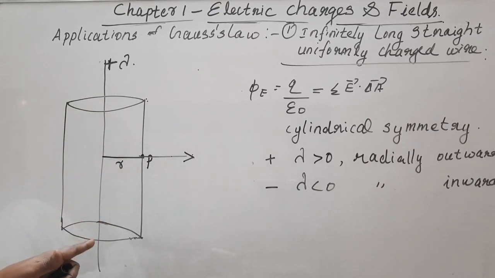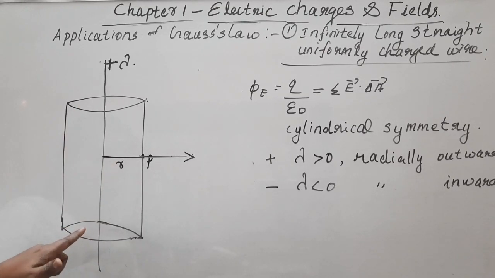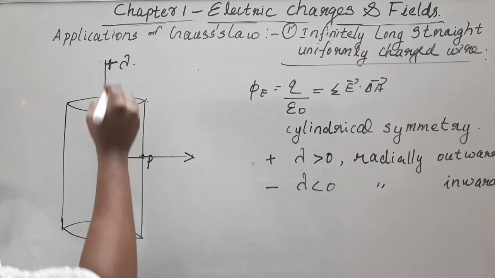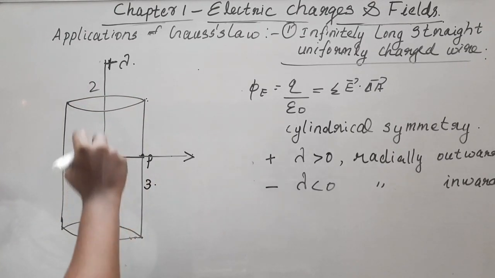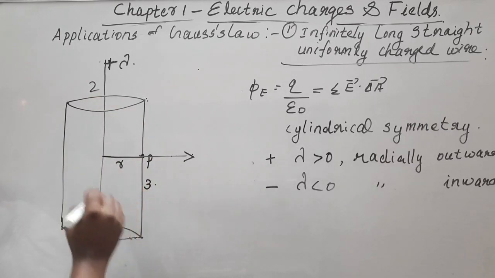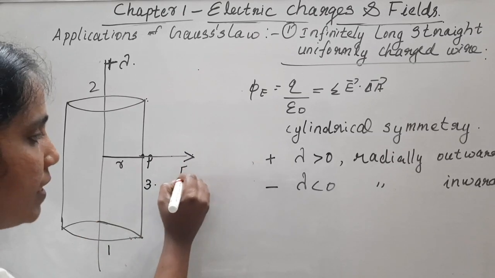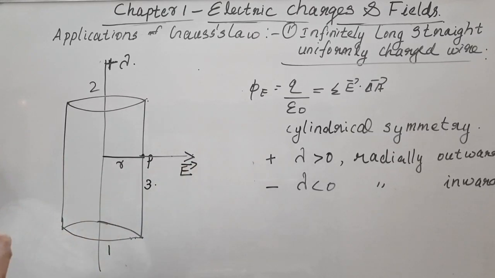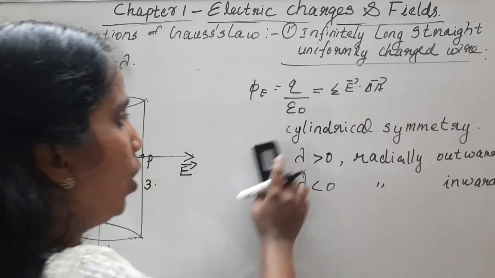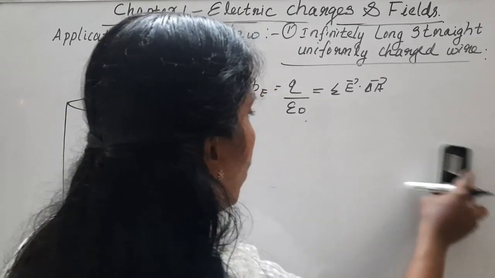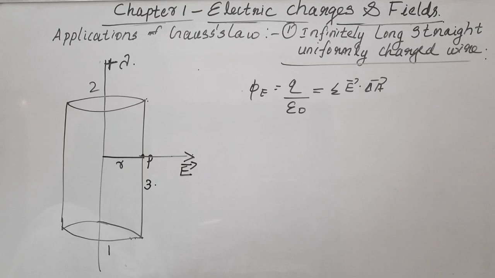That means we need to find the flux through all three surfaces. This is the first surface, this is the second surface, and this is the third surface. The field due to this linear charge distribution is radially outward. This is the direction of the electric field. Now we will move on to the application of Gauss's law. So this is our Gauss's law, that is phi E equal to summation E dot delta A.